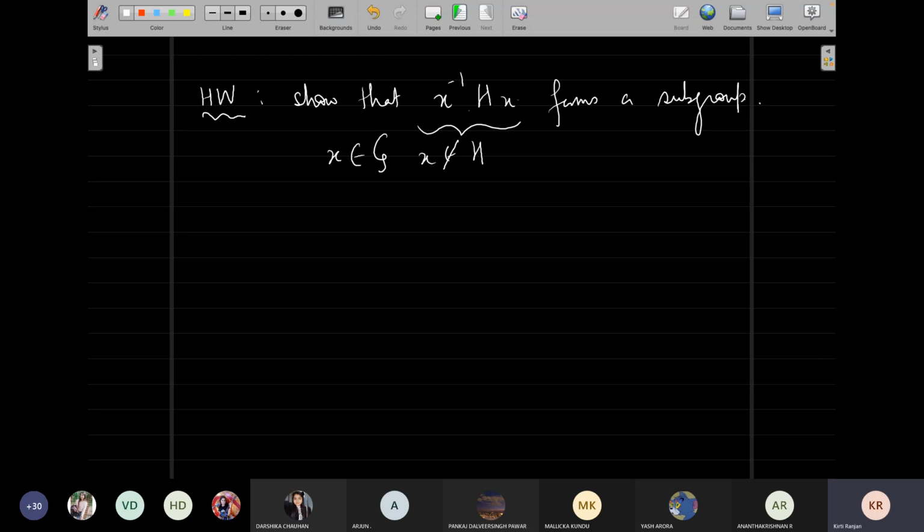I told you from the left coset equal to right coset side already, but try to do this problem. All you need to do is check if the identity is there, if inverses are there, if closure is there. Associativity, of course you will check it, but it will be automatically taken care of.